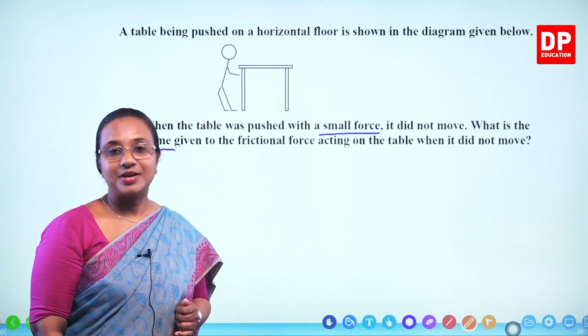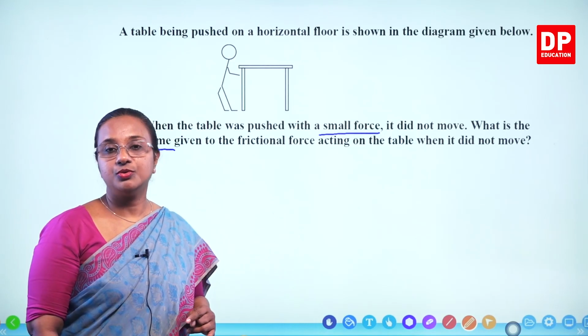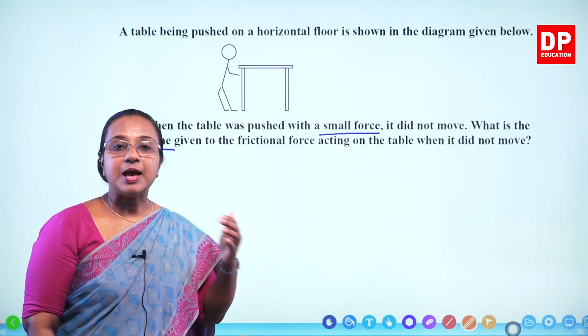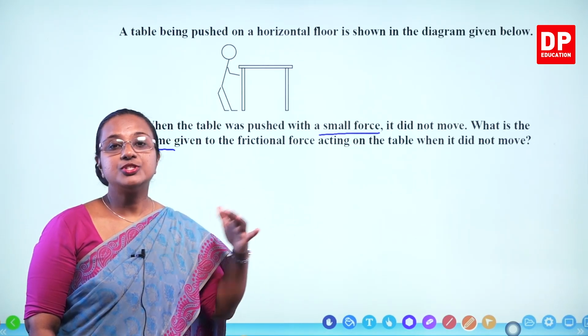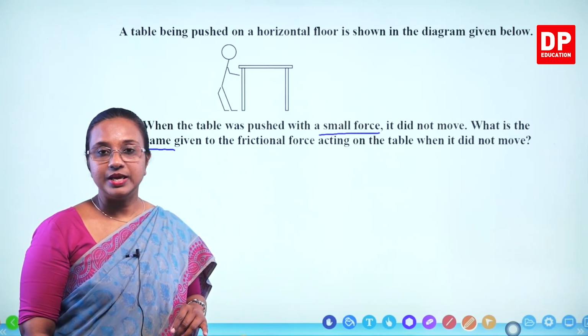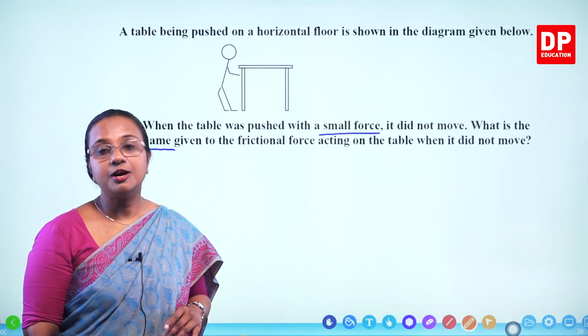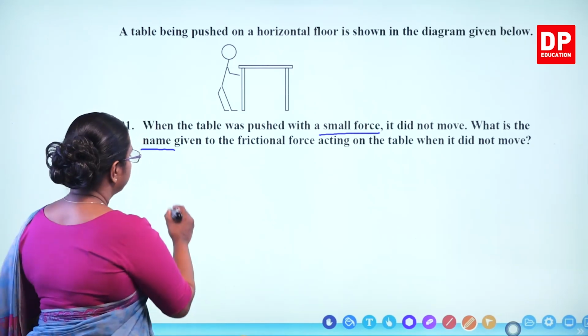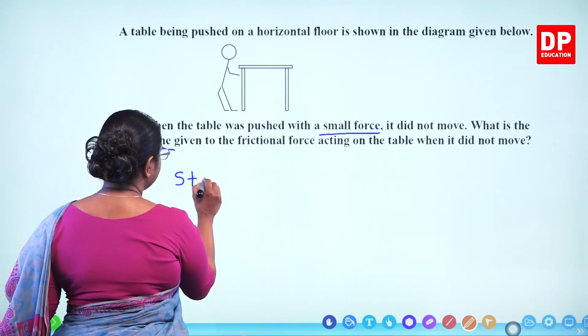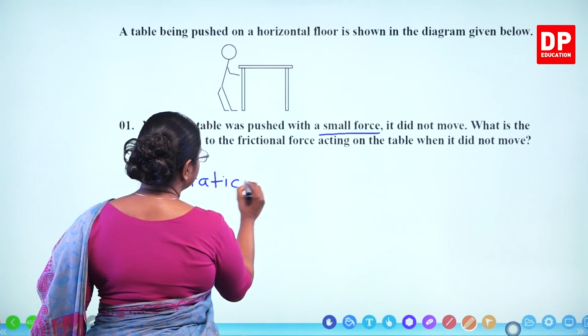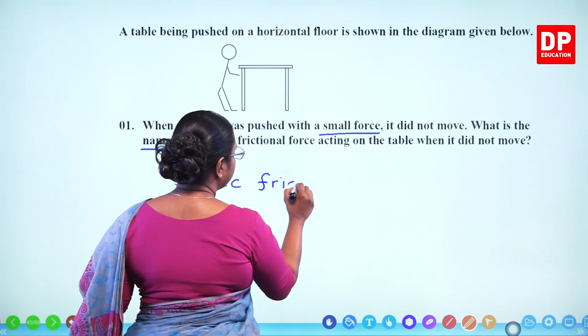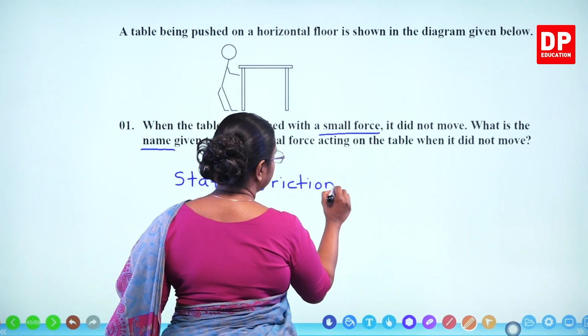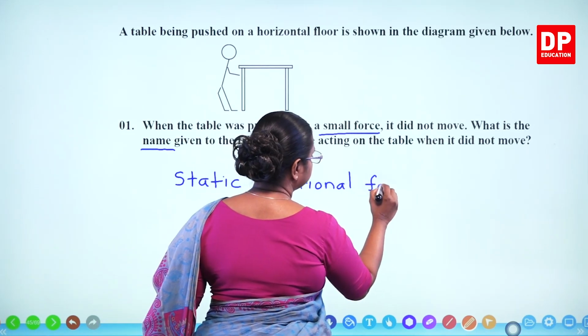A direct question, and I am sure you know the answer. When we apply a force, the force that prevents the object from moving is the static frictional force. So here we write the answer as static frictional force.